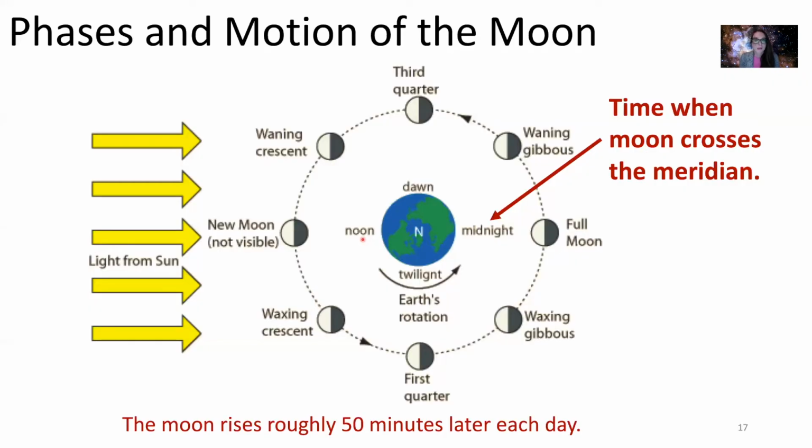So here is another slide that's depicting our sun, earth, moon relationship during the course of our lunar phase cycle. We've got this time the sun on the left, and during our new moon phase, we have the moon directly between the earth and the sun.